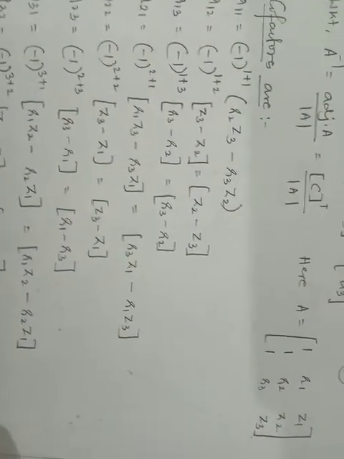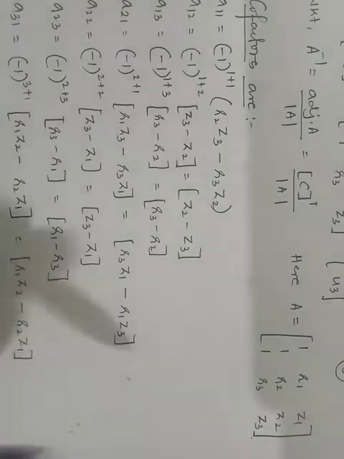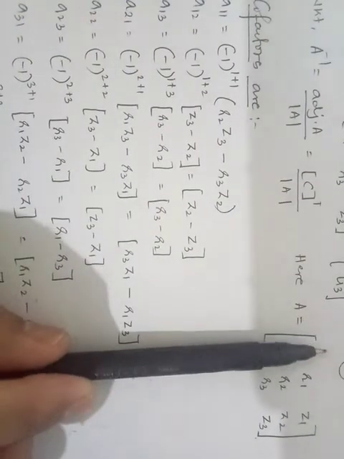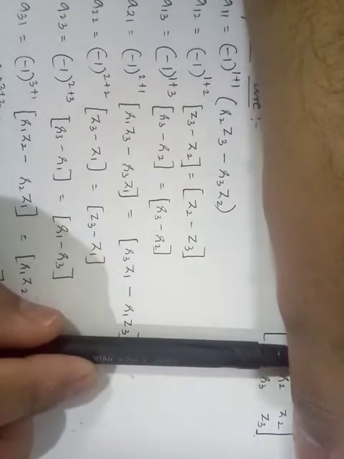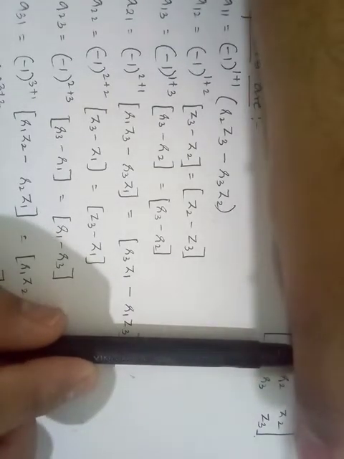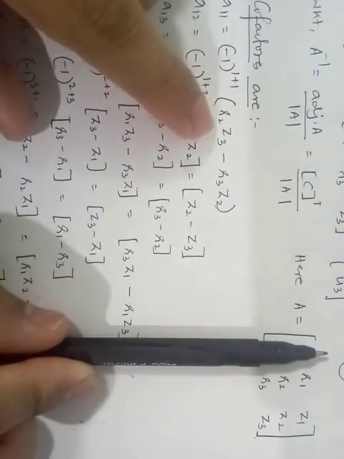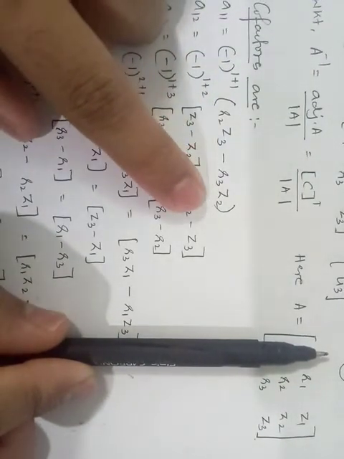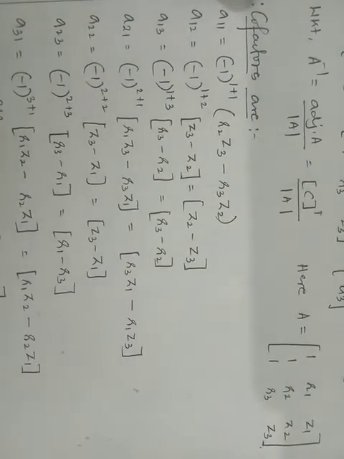I repeat, first row and first column you need to eliminate in the A matrix. If you do that, this is gone and this is gone. Remaining are r2z3 minus r3z2. That is what I have written, r2z3 minus r3z2. So that is how you get A11.